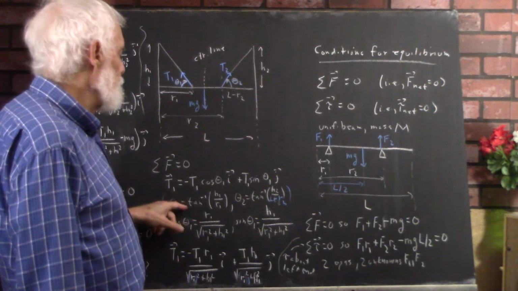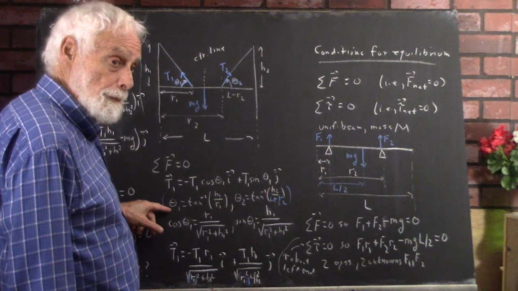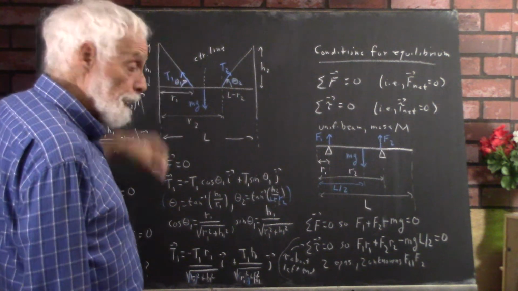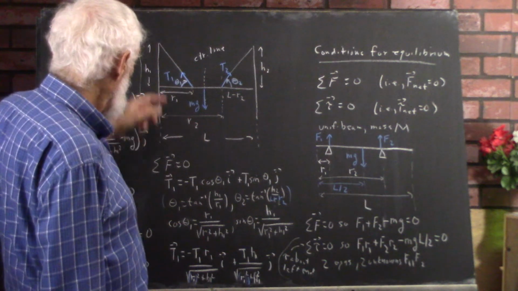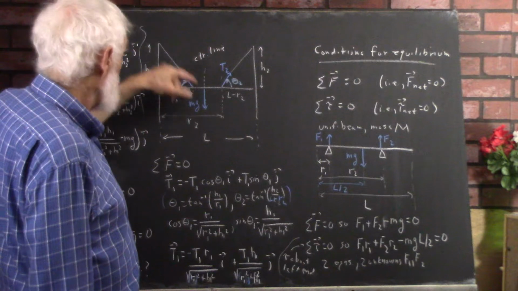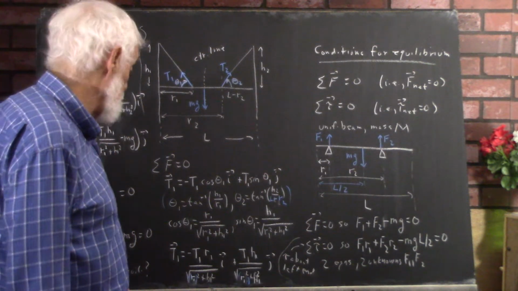We could use this and this, and then take the cosine of the angle. But it's really easier just to look at the triangle and see that the cosine of this angle is this side over the hypotenuse, and the hypotenuse is just obtained from the two legs by the Pythagorean theorem.